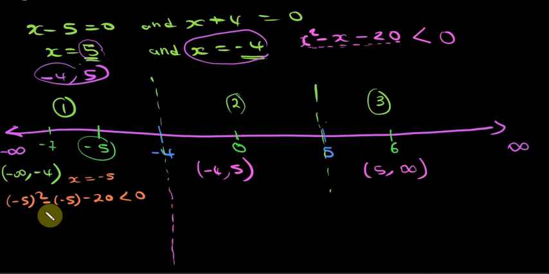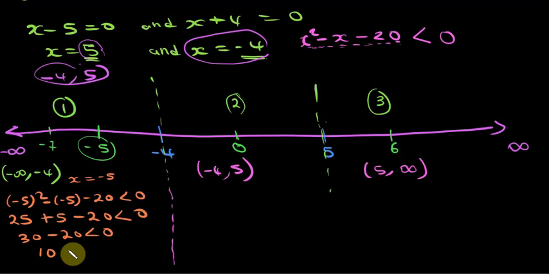Minus 5 squared gives us 25. 25 plus 5 minus 20 less than 0. 25 plus 5 gives us 30, minus 20, the answer is 10.